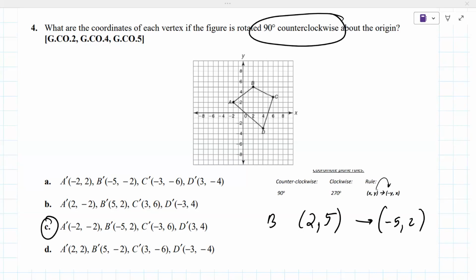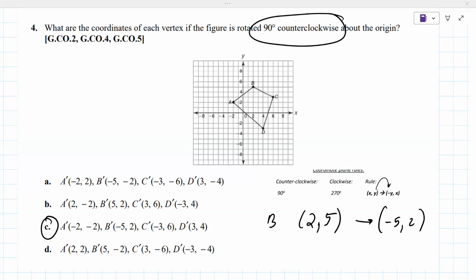All right, let me grab another problem here. I'm just trying to find one that we maybe can use this for, but they don't emphasize these rotations as much as the other ones.